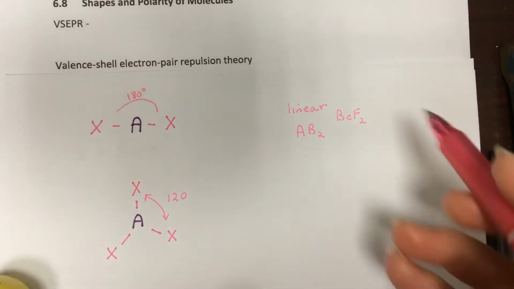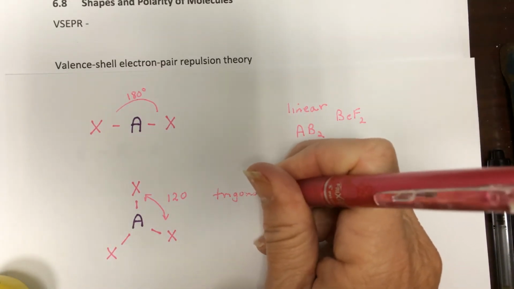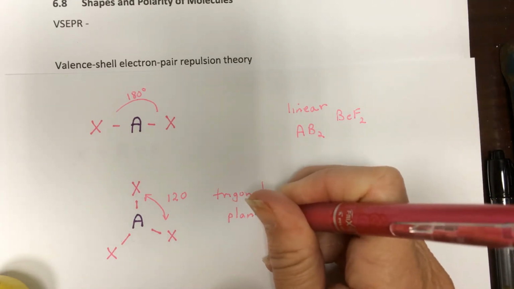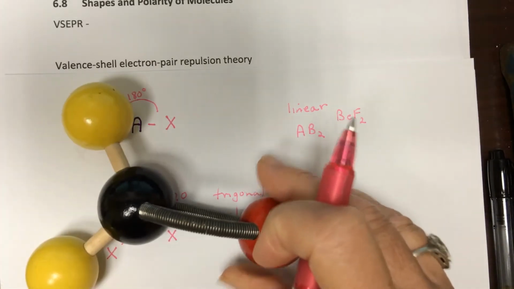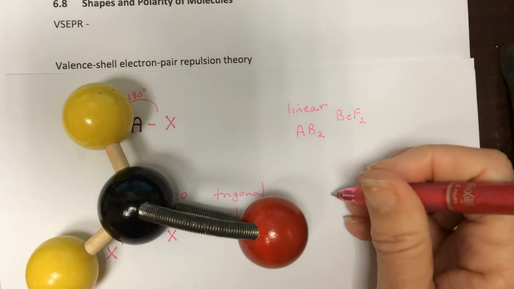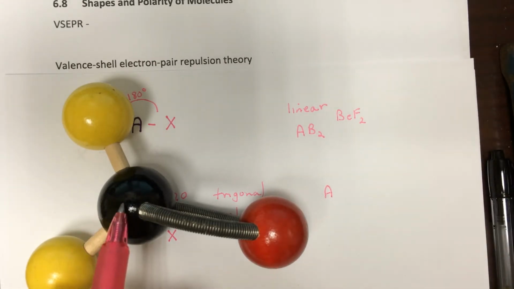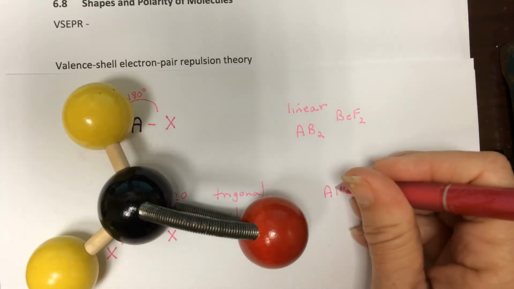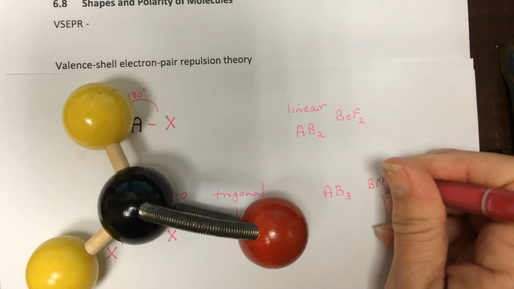So we call this trigonal planar. We would write it as a central atom with three groups bonded to it, so it would be an AB3. An example of this is boron trifluoride.